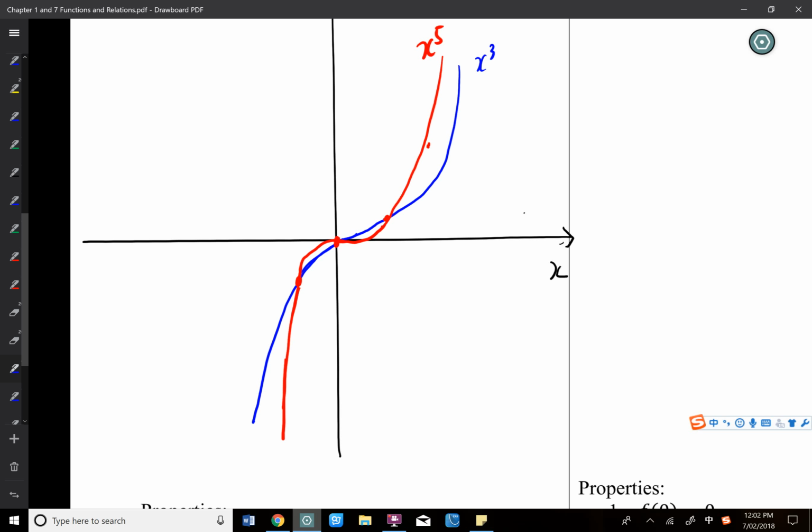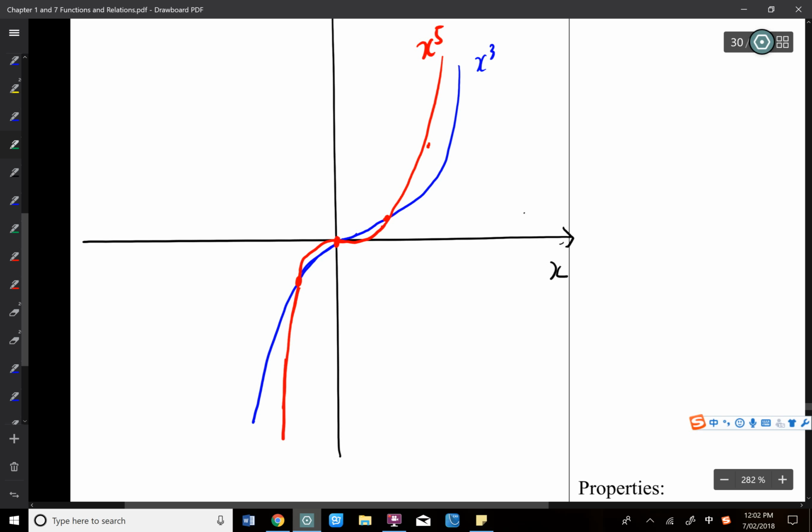So they have the same shape, kind of an S shape, but they need to intersect at the points 1, 1, 0, 0 and negative 1, negative 1. If you sketch another one, that's x to the power of 7.